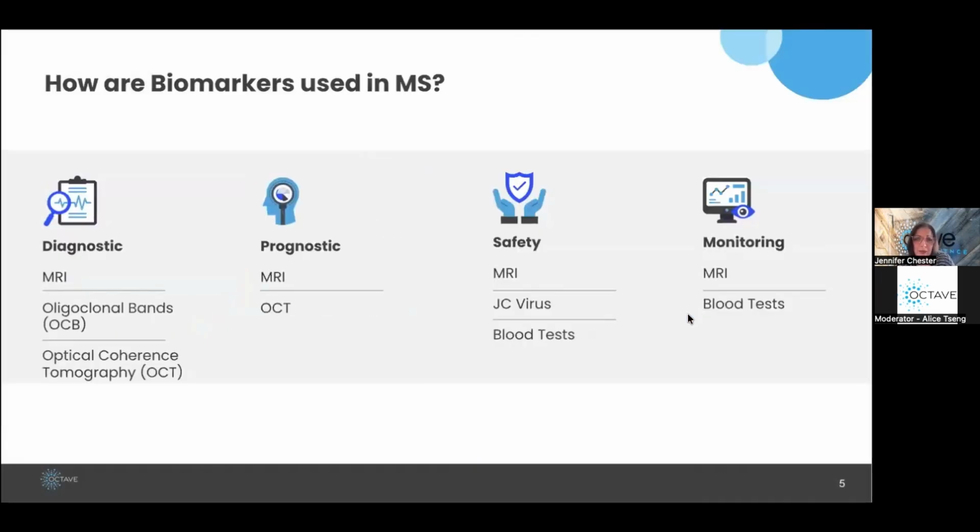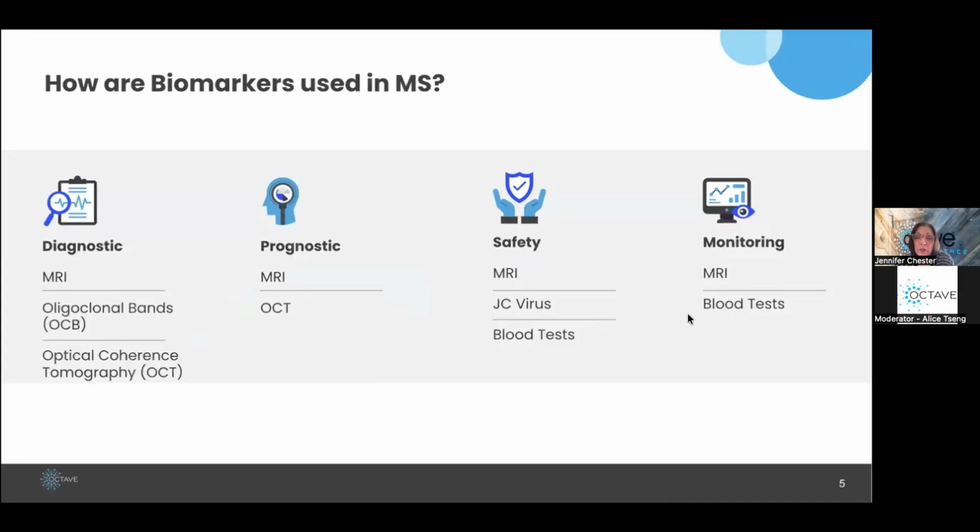So let's get specific to MS and how do we currently use biomarkers in MS? So when you're diagnosed, MRI is a form of looking for biomarkers. Those lesions we see on your brain and spinal cord, those lesions are biomarkers. Next, we look for oligoclonal bands. Those are biomarkers that are seen in your cerebrospinal fluid.